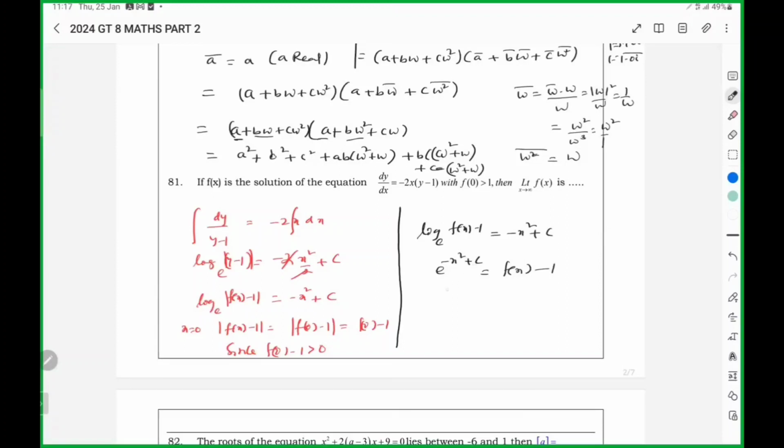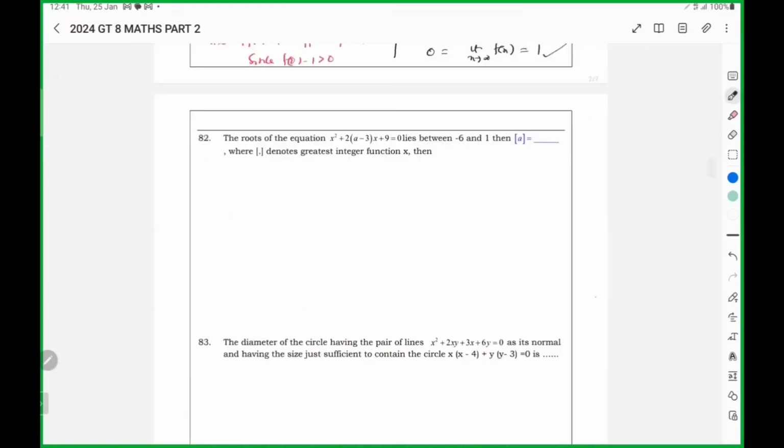So here, as x approaches infinity, e power minus x square plus c, quadratic equation, roots lie between minus 6 and 1. What are the possible graphs? Here it is minus 6 and 1, one possible graph.